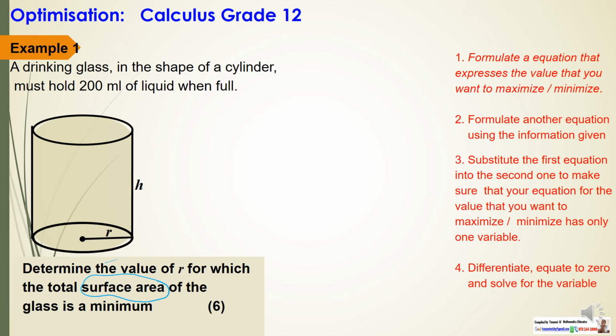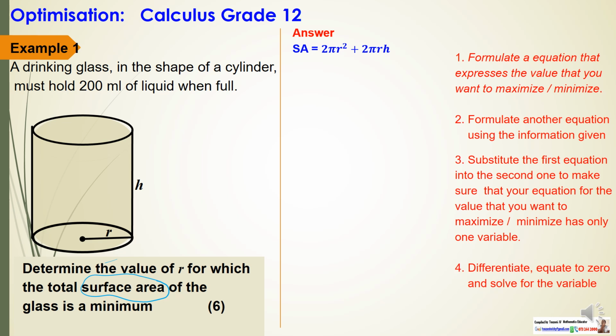Therefore, we must formulate an equation that represents the surface area of the cylinder. And the equation is formulated using the formulas that we already know. We know that the surface area of a cylinder is 2 pi r squared plus 2 pi rh.